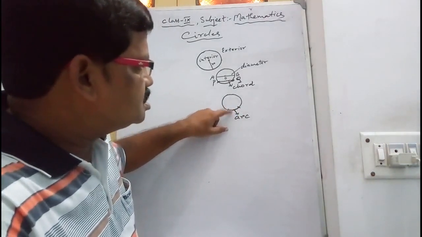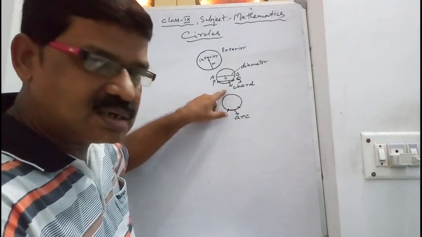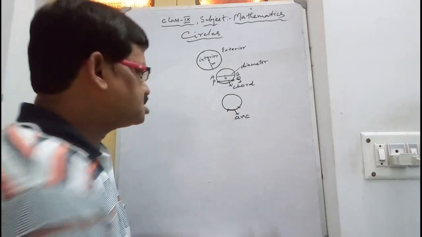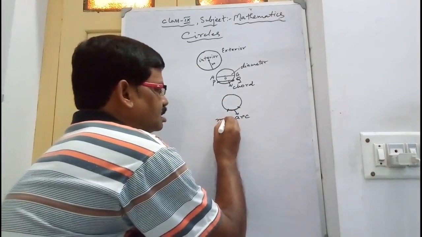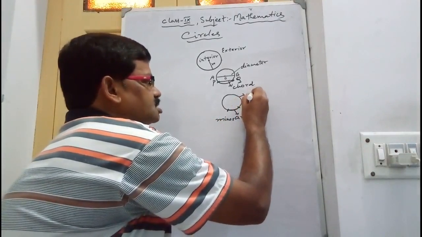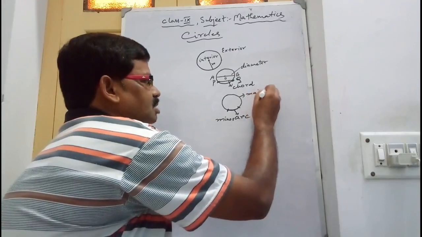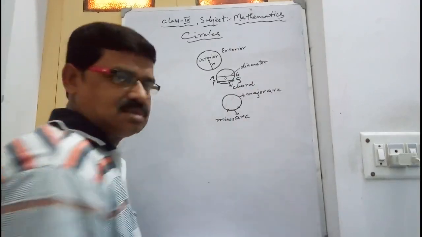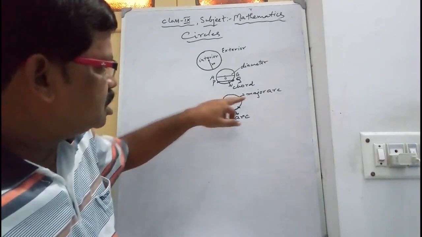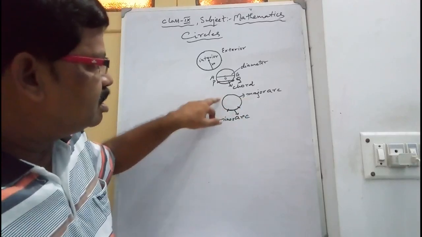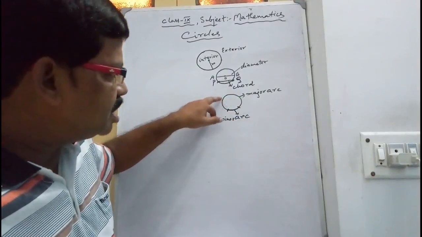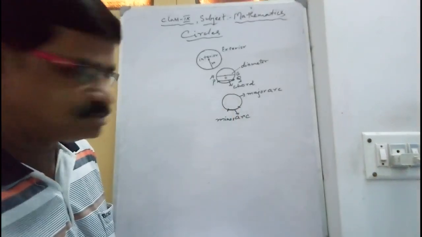If this part is smaller than the rest of the circle, then this becomes a minor arc, and this one becomes a major arc. So this arc is made on which part of the circle? That is on the circumference of the circle.